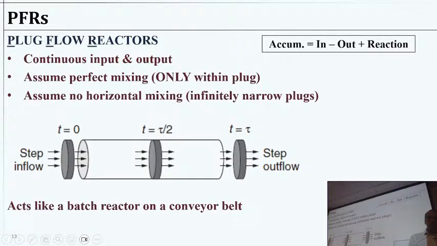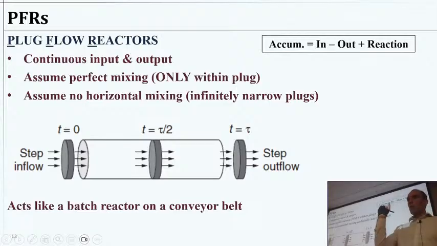So the plug flow reactor, these are continuous input and output. And our assumption about mixing, if we think back about that tracer test I showed you, if it was ideal, then that blue line would be an exact perfect line flowing through, no leading edge, nothing dragging behind. It would be a perfect flat tracer and it would all leave exactly at the same time. That would be an ideal plug flow reactor.